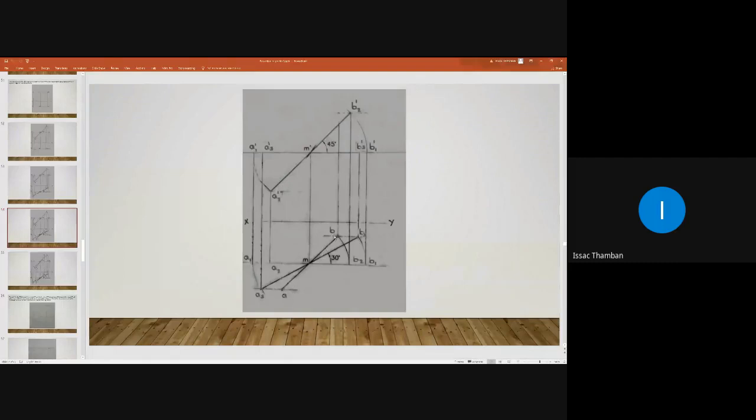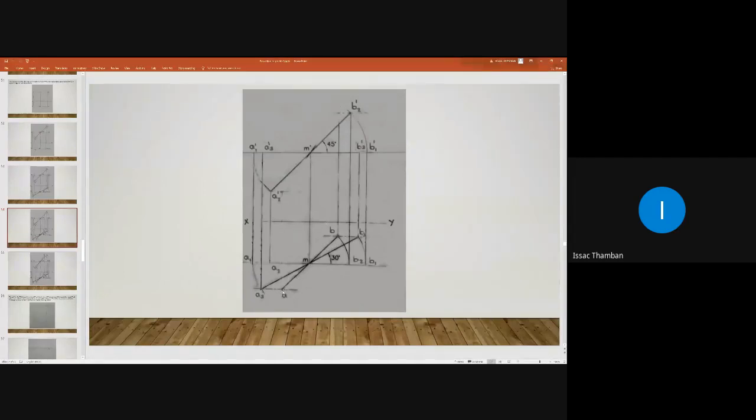So here we obtained the final plan of line AB, that is small ab. Now what next? We have to mark the elevation. How do you mark that? For that, you can draw vertical projectors from point small a and small b.